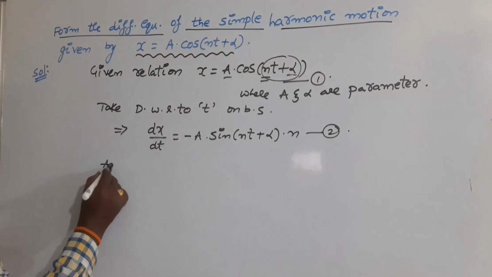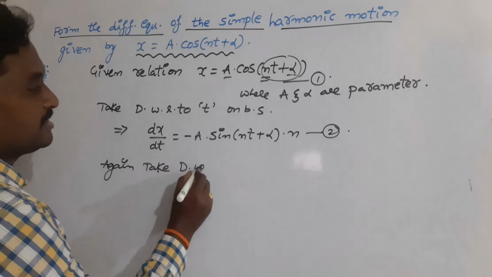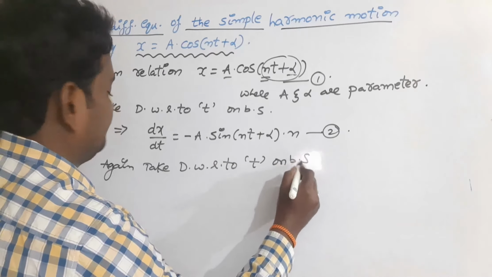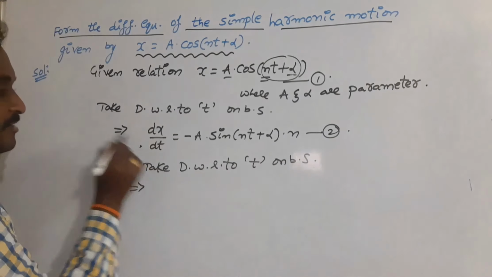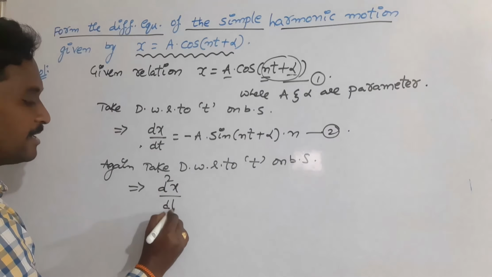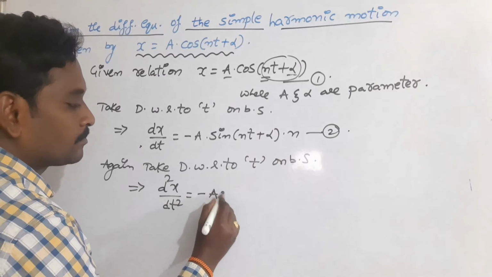Again take differentiation with respect to t on both sides. Already the first derivative is there. If we take another derivative, you will get the second order derivative. d square x by dt square is equal to minus A n, which is the constant term.